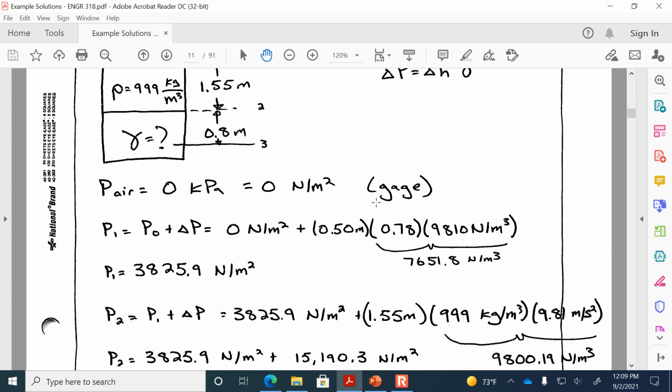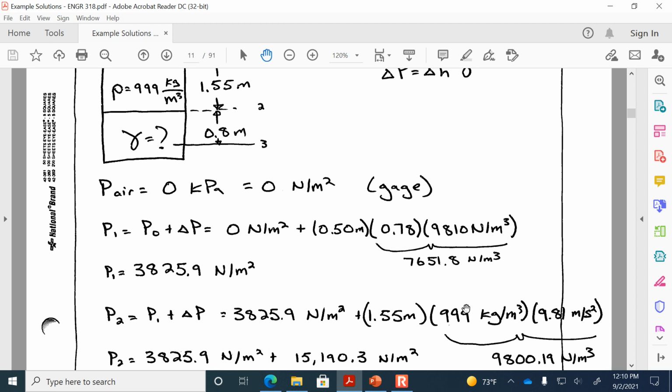So P2 is P1 plus delta P. So it's the 3825.9 that existed at the bottom of the first layer, and then we're adding however much pressure accumulates as we go downward through a 1.55 meter thick layer of the second fluid, which has a unit weight of 9,800.19 newtons per meter cubed.